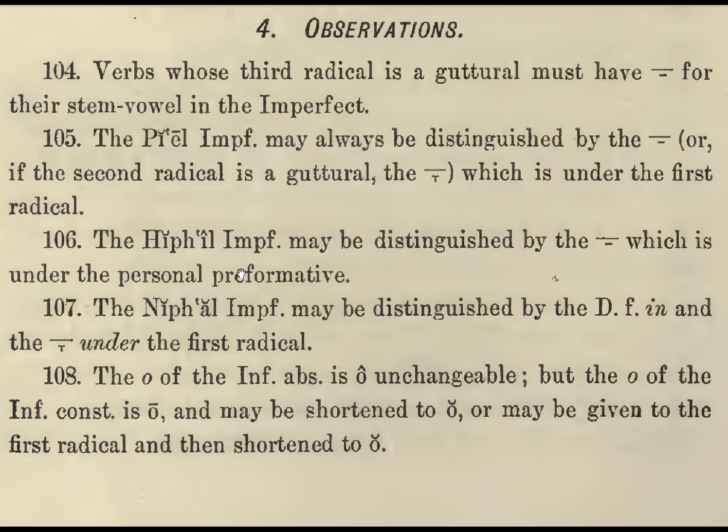The pingel imperfect may be distinguished by the patach, which is under the personal preformative. The nifngal imperfect may be distinguished by the dagesh forte and the patach under the first radical.